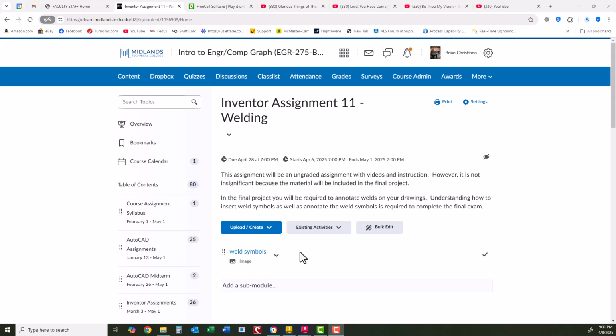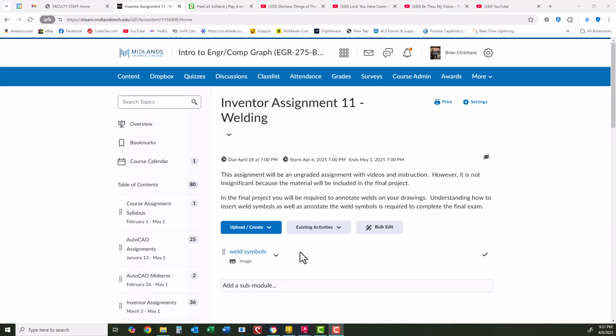You need to understand what these welding symbols mean and how they're generated in the software and how you put them in the software, and to kind of understand the different types of welding.